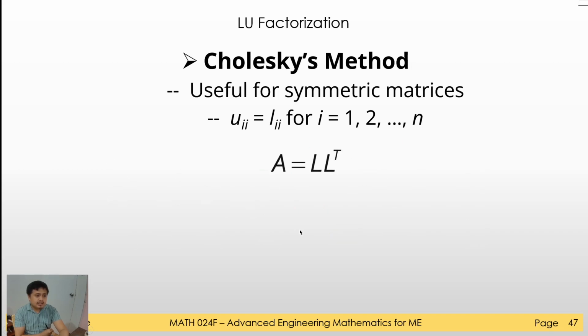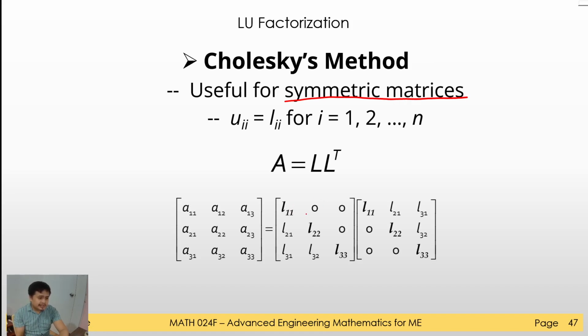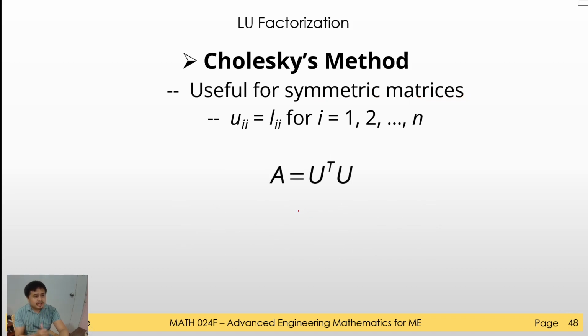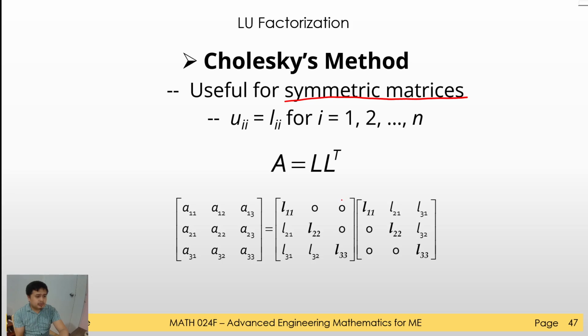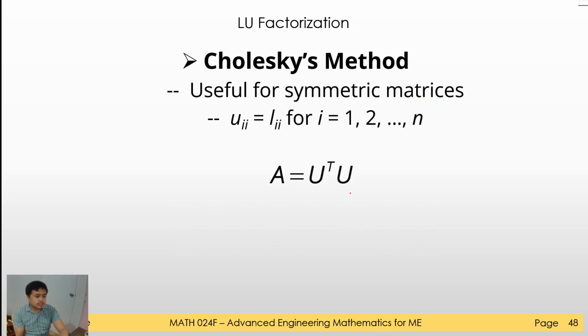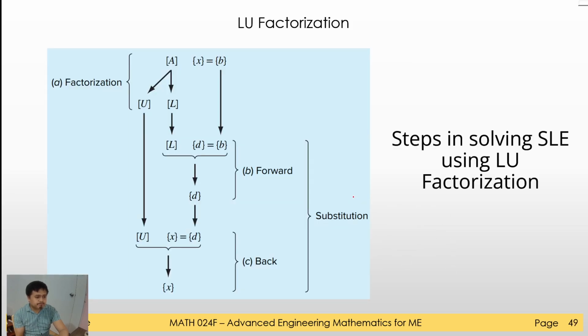For Cholesky's method, this is only applicable for symmetric matrices, or to be specific, positive semi-definite symmetric matrices. So we can do this for symmetric matrices only, and we can do this with either L transpose times L, or U transpose times U.